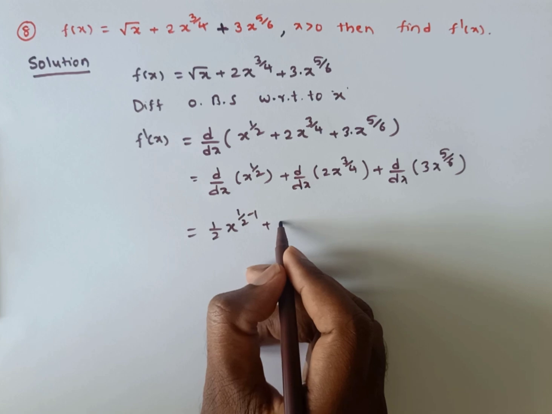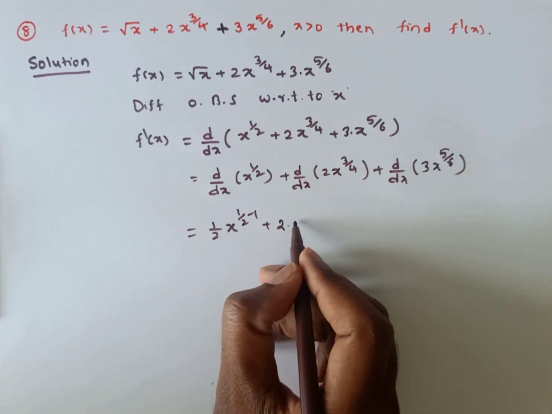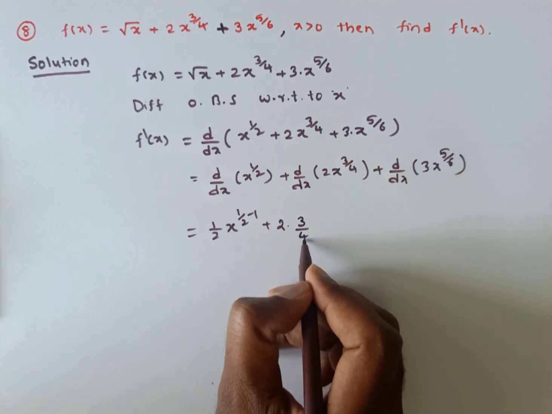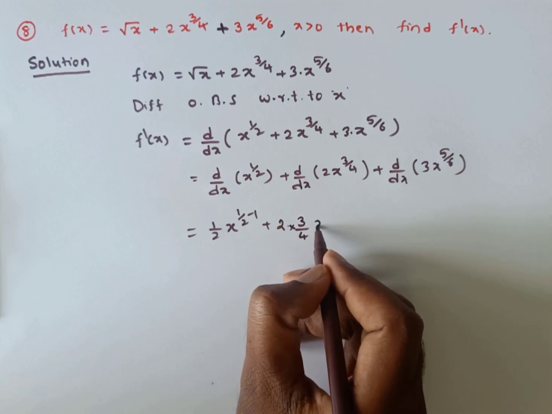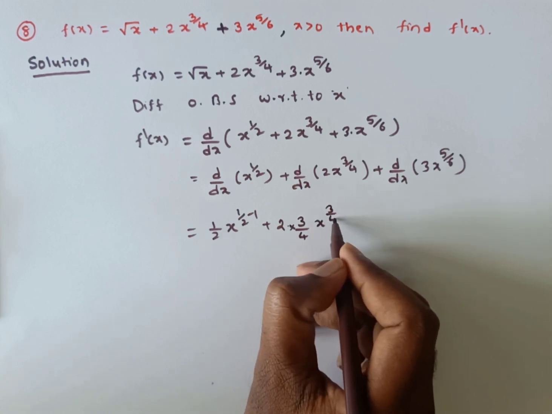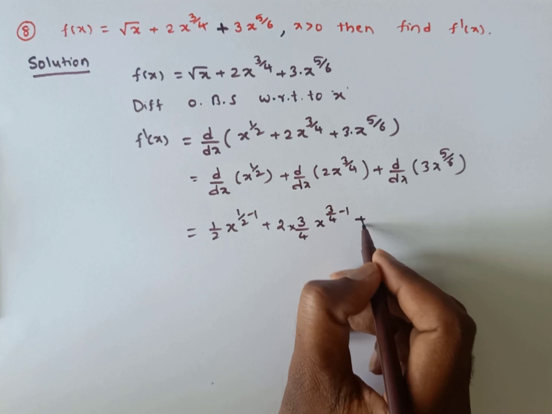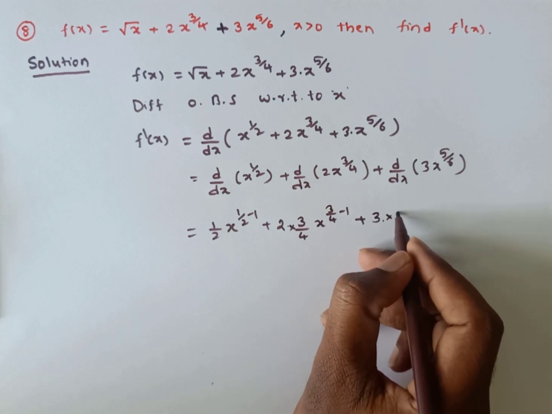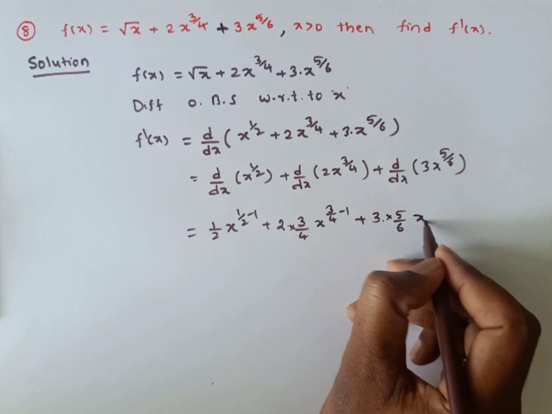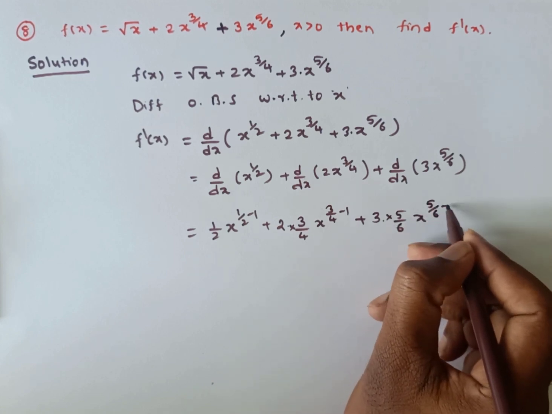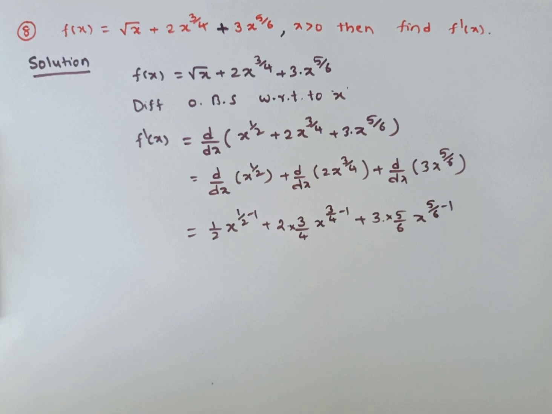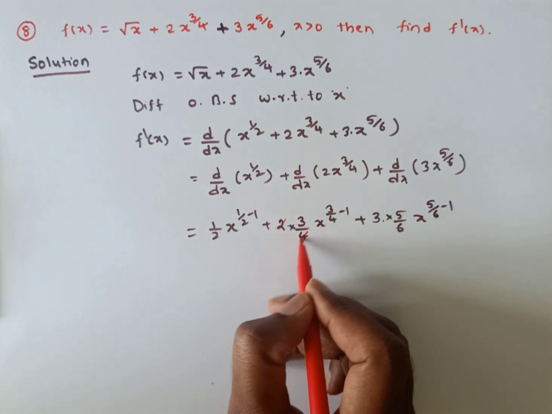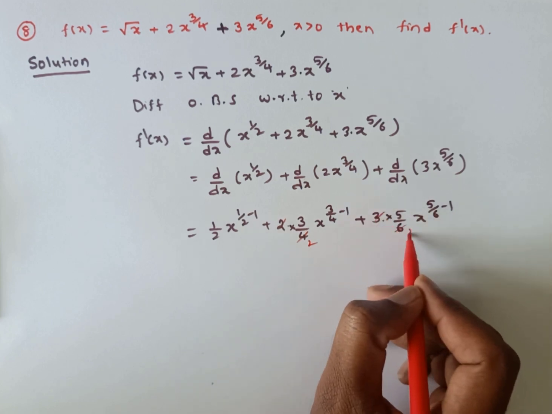Plus, 2 is a constant, so 2 into the derivative of x to the power of n is 3 by 4 into x to the power of 3 by 4 minus 1. Plus, 3 is a constant, so it is 3 into 5 by 6 into x to the power of 5 by 6 minus 1.